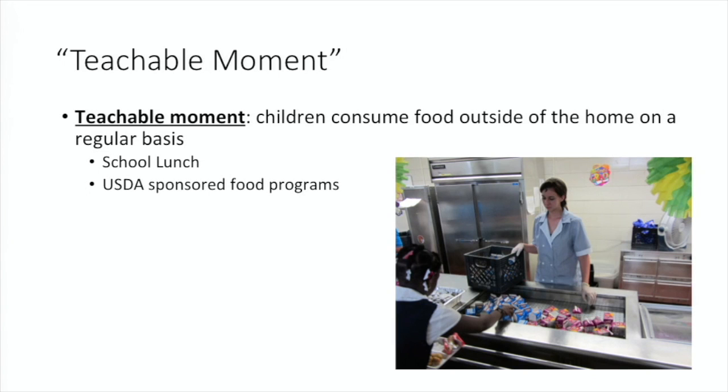So in the school districts where we work, often every single child is receiving the USDA-sponsored school lunch, and we can have interventions on that program. And this is actually a photo of one of my research assistants, Katie, who's dressed as a cafeteria worker and implementing one of the interventions that I'll share with you today on milk choice.